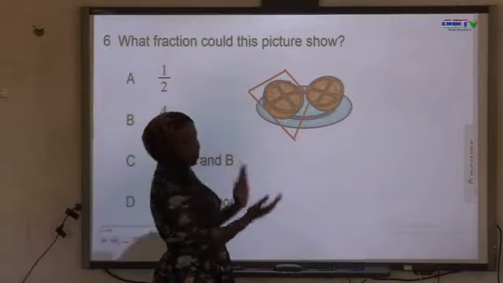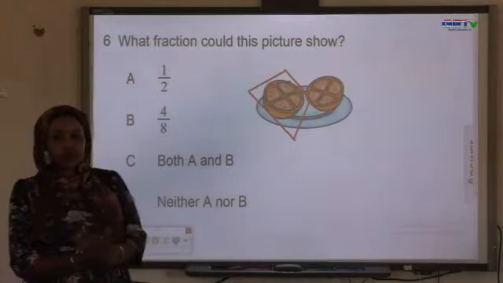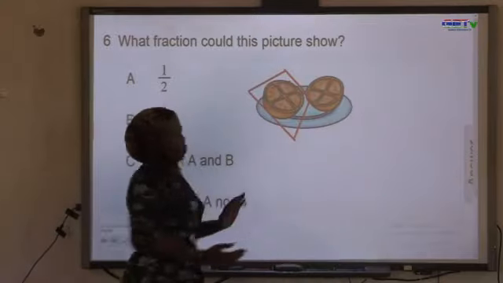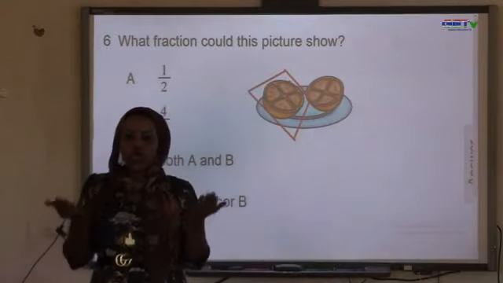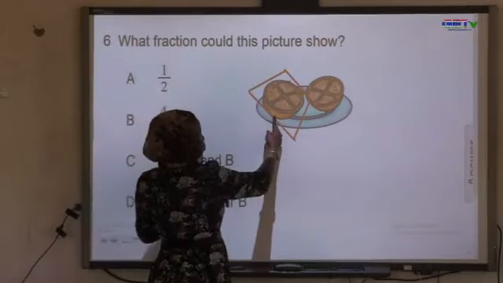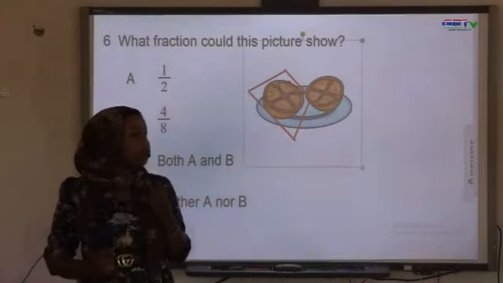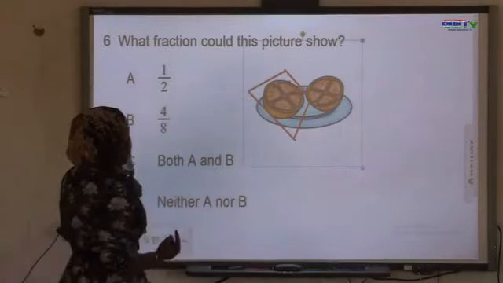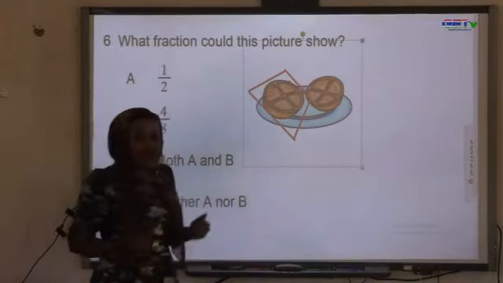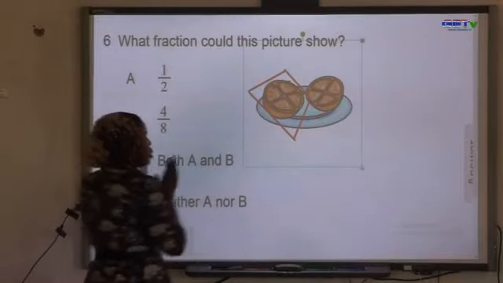Let's look at the picture. What can we see? We can see an orange being divided into 2 equal parts. This is one part, and this is another part. And if you look at the picture again, one part of the orange, which is 1/2 of the orange, is in a box.